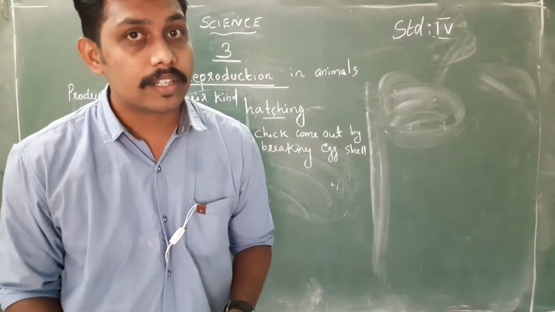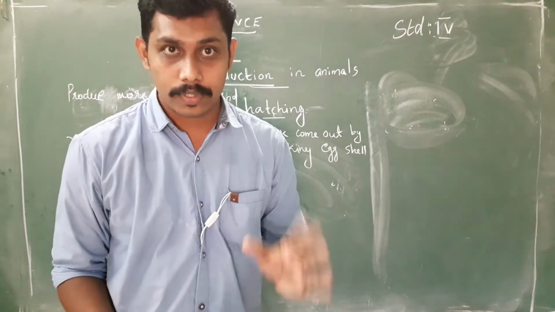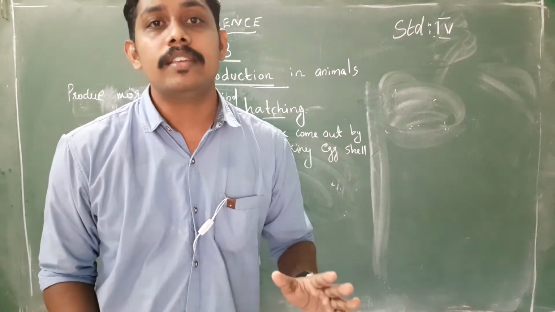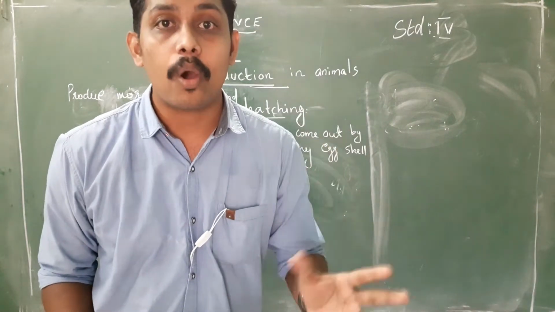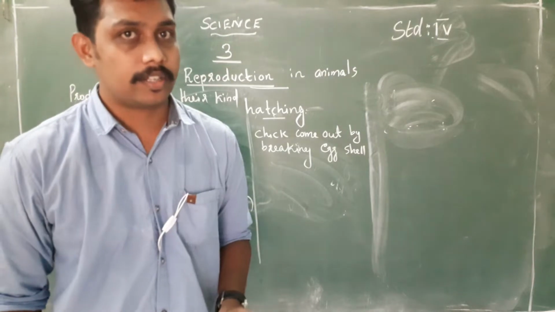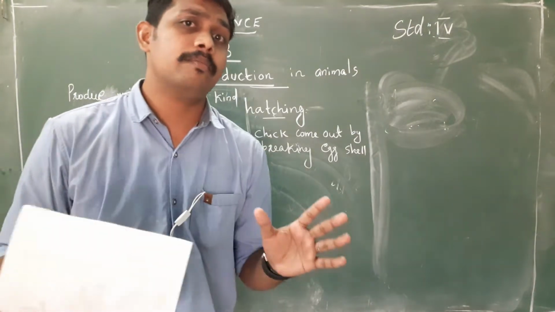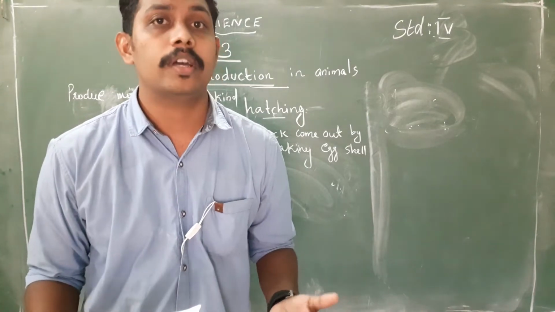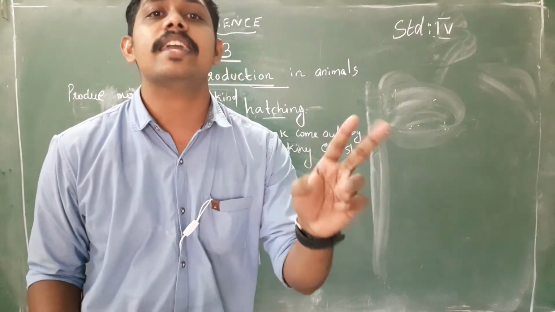So what is called reproduction? Reproduction is the process by which every living being produces its own kind. That process is called what? Reproduction. Is reproduction the same for all living beings or for all animals? No, reproduction is different.